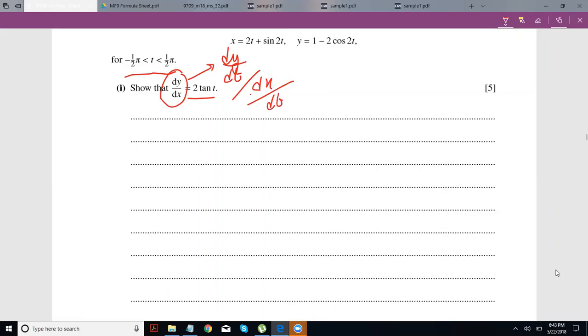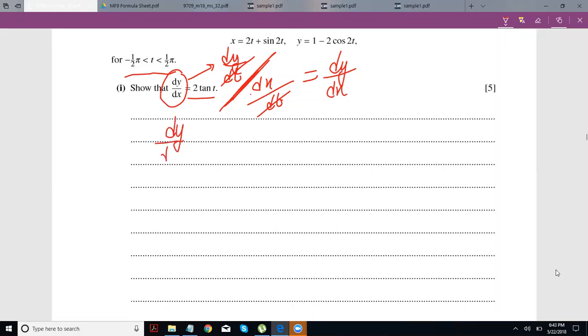Now, it's a little messy the way I've written it, but the idea is this: dy over dt is divided by dx over dt. dt and dt cancel out to give you dy over dx. So if you want to figure out dy over dx, you simply calculate dy over dt and dx over dt and just divide them. That means you're going to be differentiating with respect to t first.